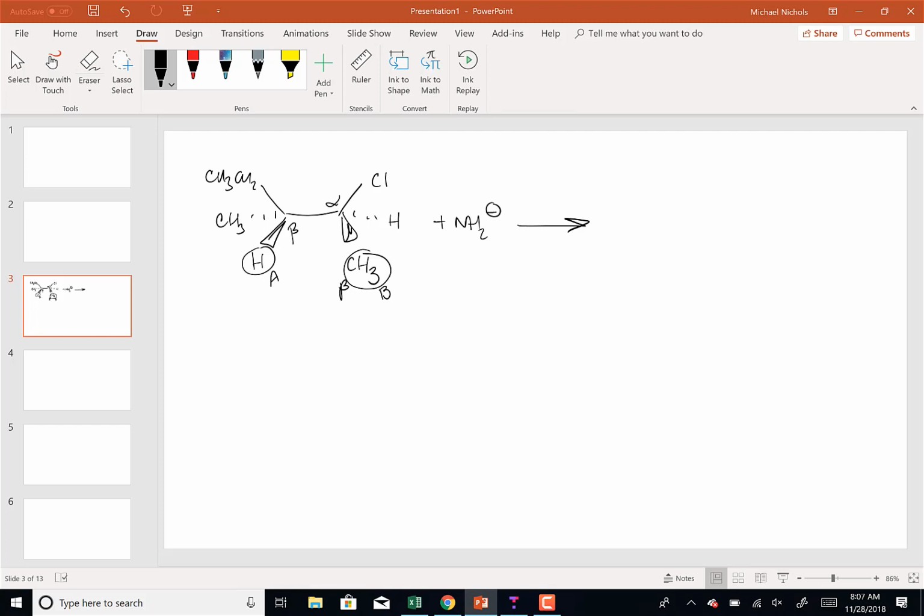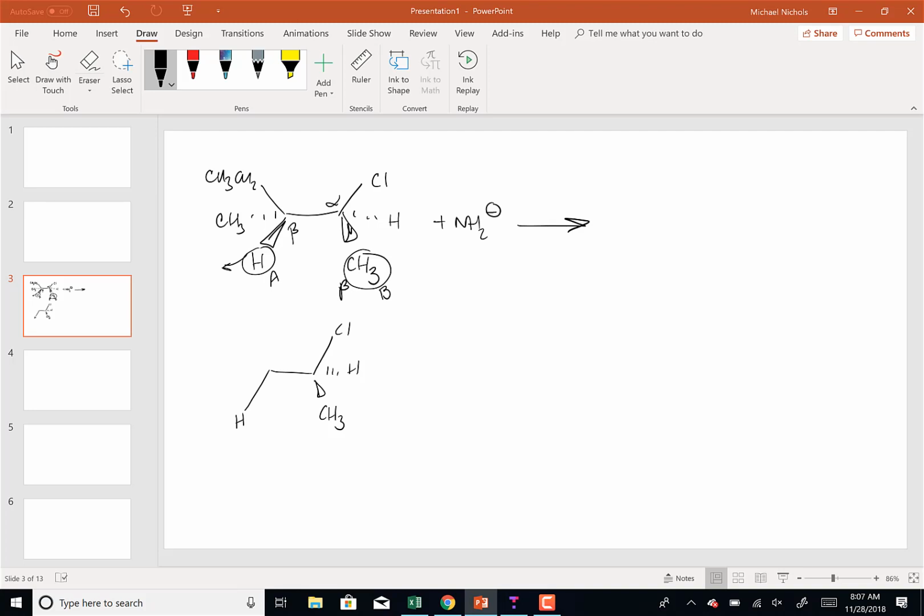A couple ways I could do that. I could just say, you know what, I'm going to rotate the hydrogen down a little bit, and I'm going to put it in the plane. So over here, the chlorine, the hydrogen, and the methyl group on this side, nothing's going to change. But if I move the hydrogen now to the down position, the hydrogen was towards you, so I'm going to move it so that it's in the plane.